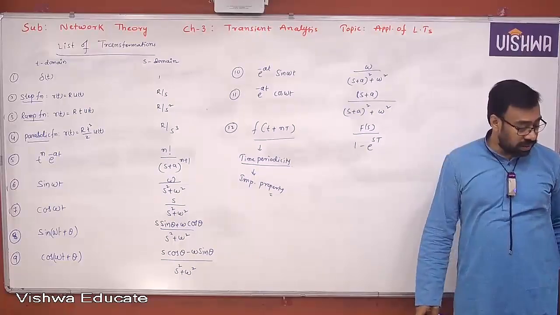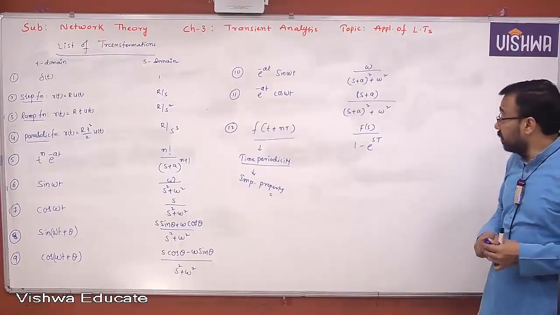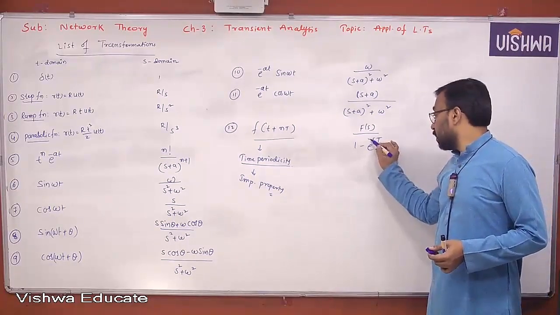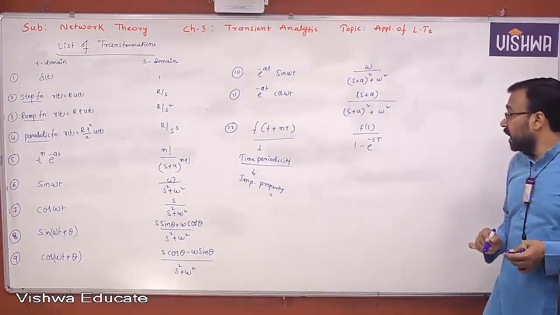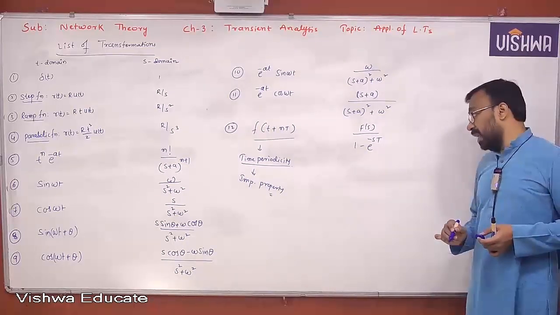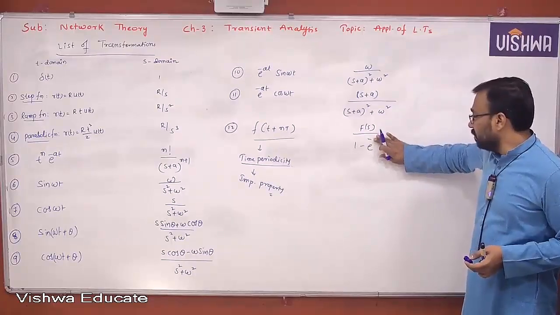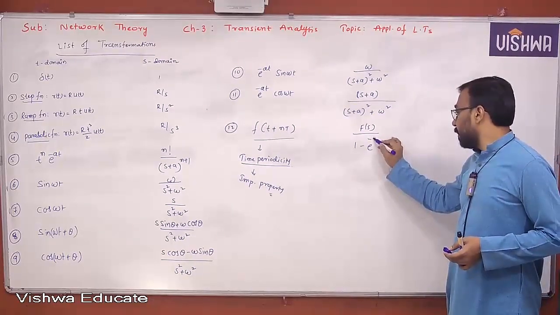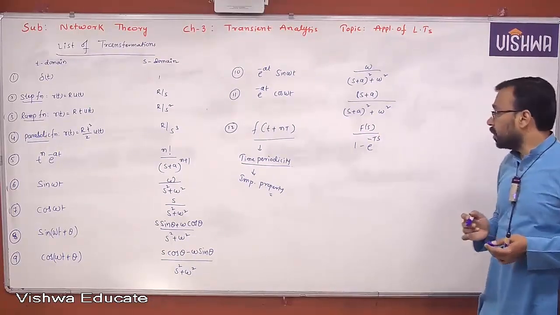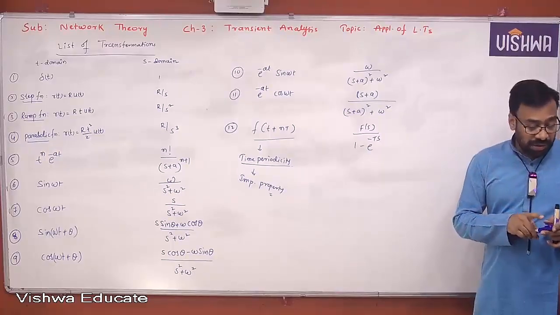Please note down this. This is very, very important. This is minus, not plus. Ts and sT are both the same, but usually people remember minus Ts. I think all of you noted down this.